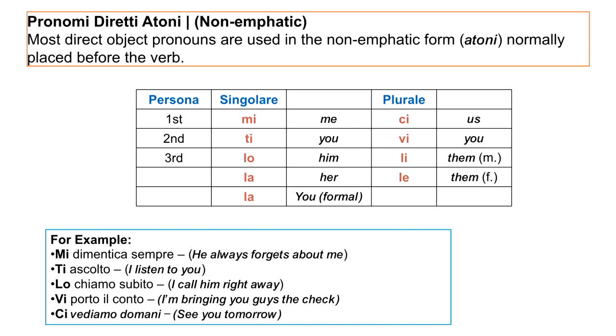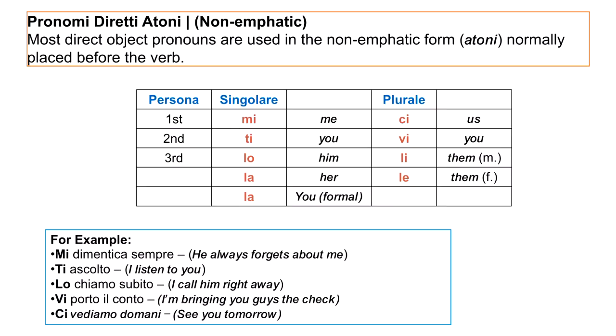Mi dimentica sempre. He always forgets me, about me. Okay? So, mi dimentica sempre. Now, suppose that you asked me, what if you want to turn this construction into an emphatic style?